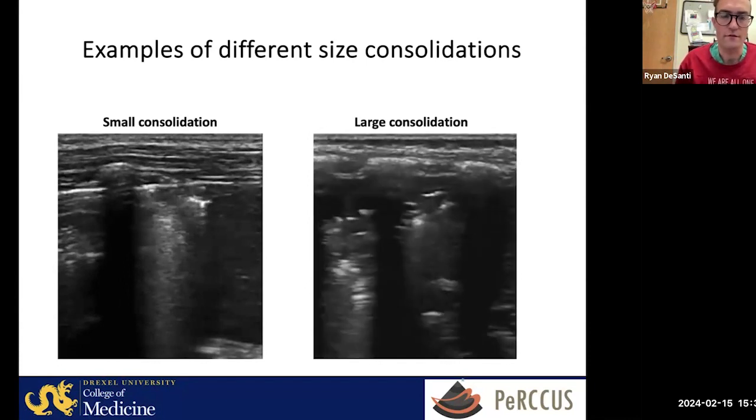And so this differentiation between small and large consolidations is not super well defined or standardized across different studies. Although different studies will try to standardize this based on the size of the consolidation. In general clinical practice, whether it's small and just isolated to the pleura versus going deeper will help me differentiate between a small and large consolidation.